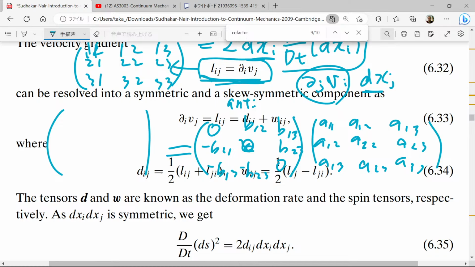I don't get 0. And this here you have B12 A12 plus B13 A13. So I don't get 0.